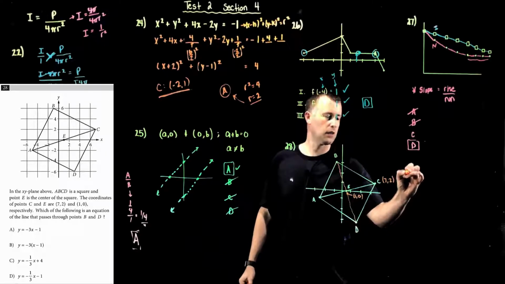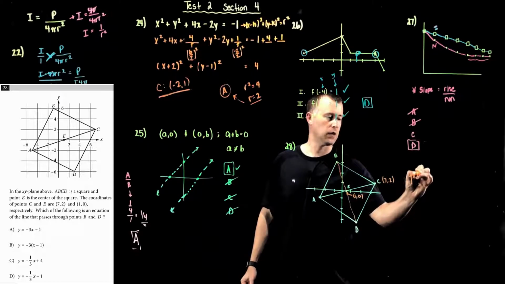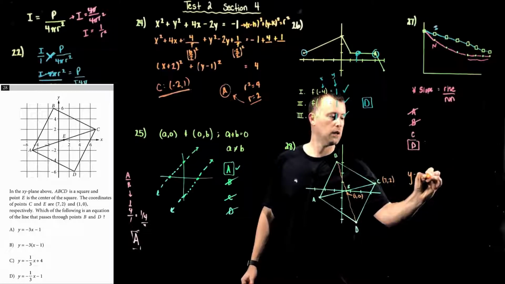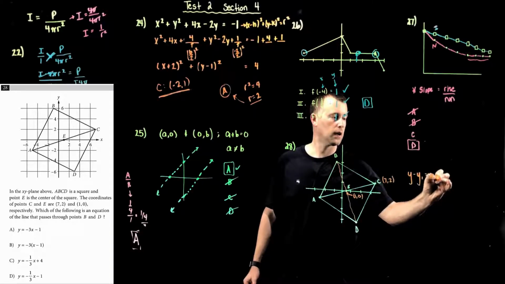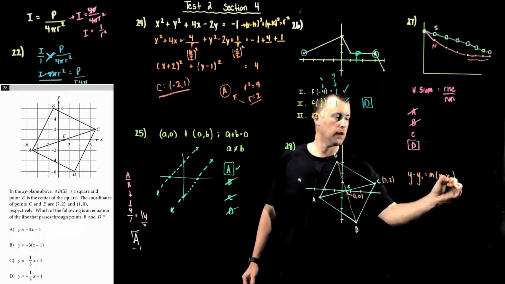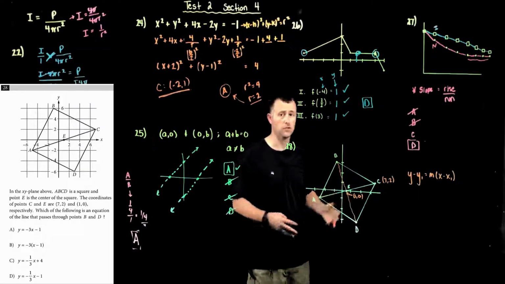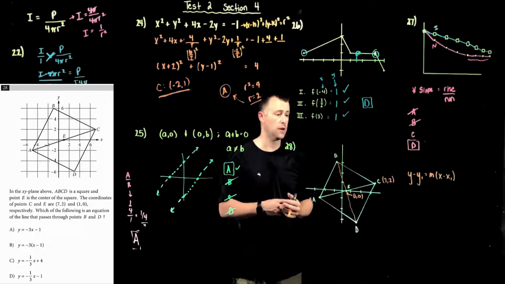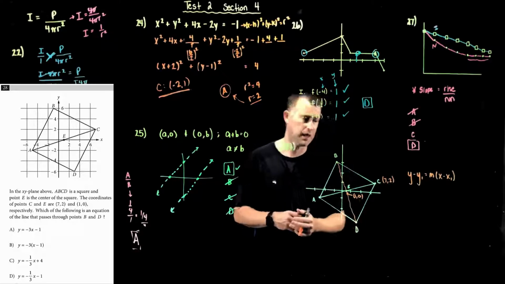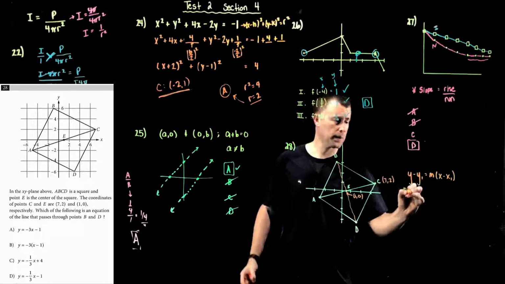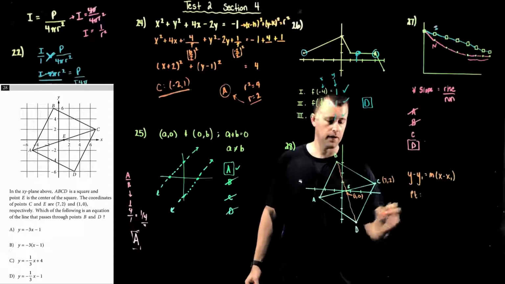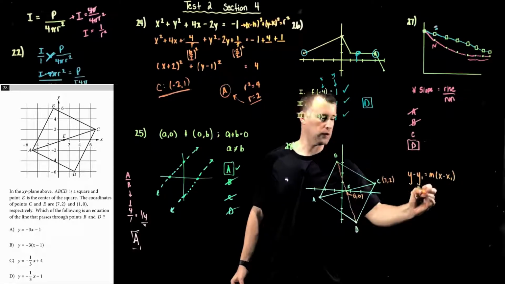Well, first off, they're talking about the equation of a line, so I'm thinking y minus y1 equals m times x minus x1. That's the point-slope form equation for a line. So with this being said, I have a point. I can just pick one. I'll pick the point 1, 0.